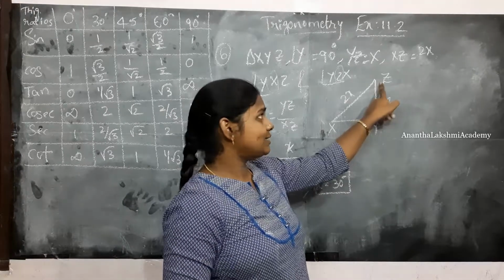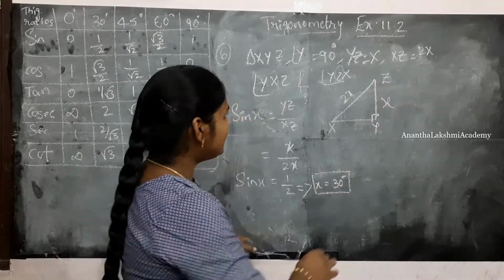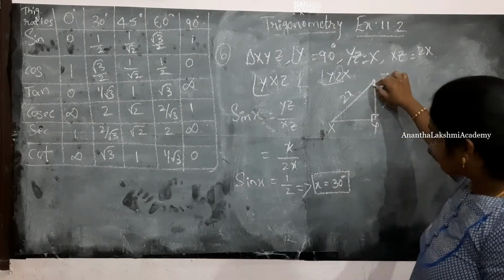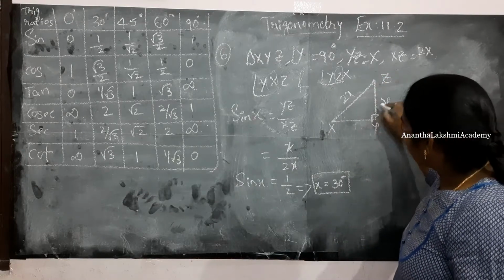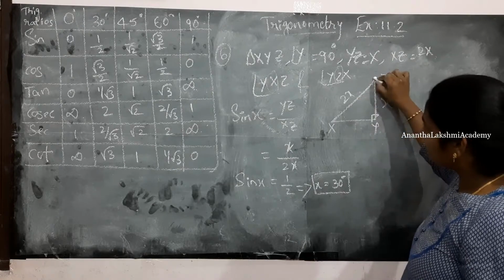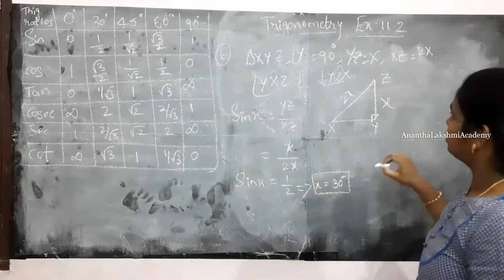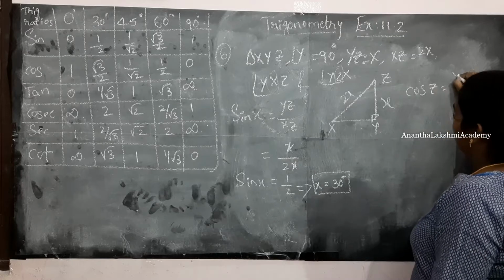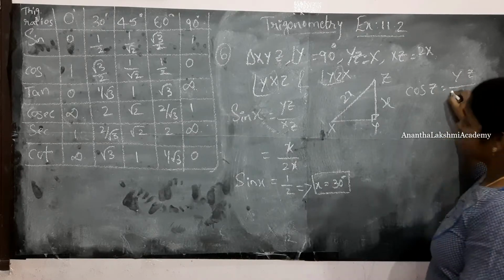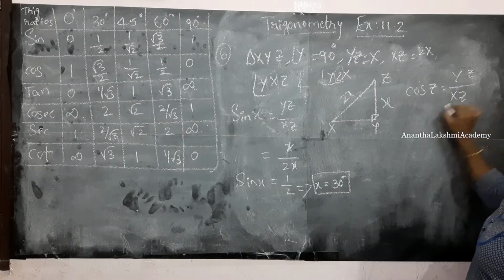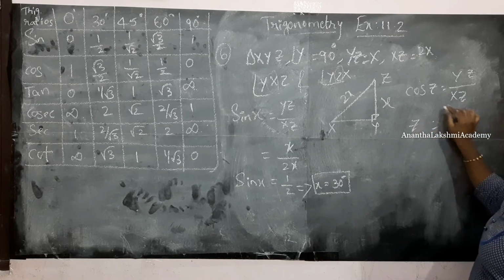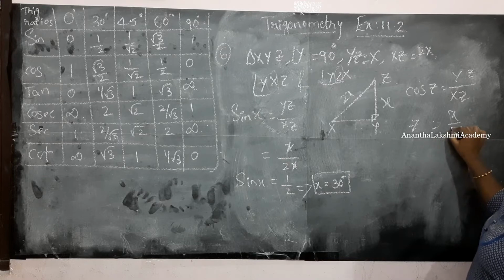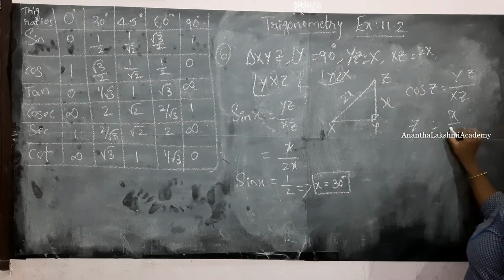How do we figure out Z? Here we have the adjacent side and the hypotenuse, so cos Z is equal to YZ by XZ. YZ is X and XZ is 2X.